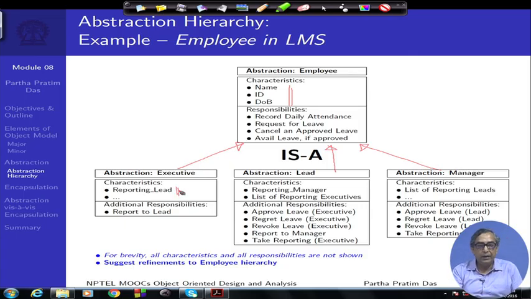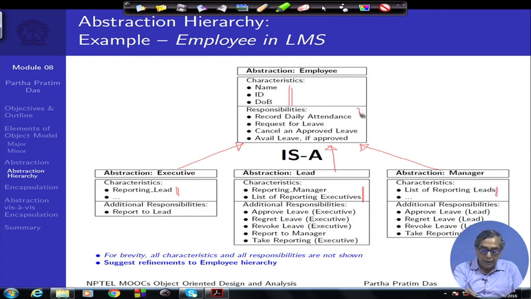For example, an executive will have a characteristic that he or she has a reporting lead. Similarly, a lead will have additional characteristics to say that a lead has a reporting manager, and in turn has a list of executives who report to this lead. A manager has similarly additional characteristics.